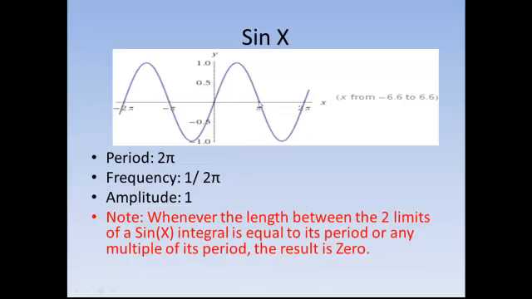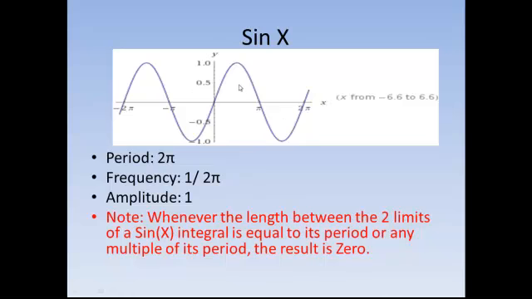0 to pi, we get this area. If we integrate from pi to 2 pi, we get this area, which is of equal magnitude but negative of this. So if we integrate from 0 to 2 pi, the duration will be a period, and the result of the integration will be 0, because we will be getting this area plus this area.